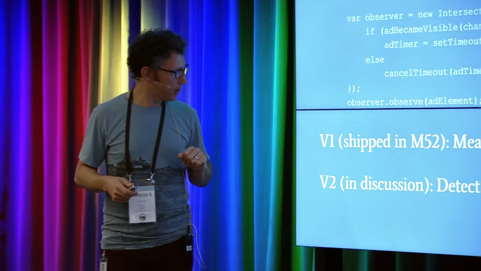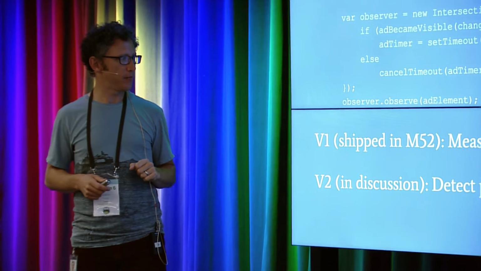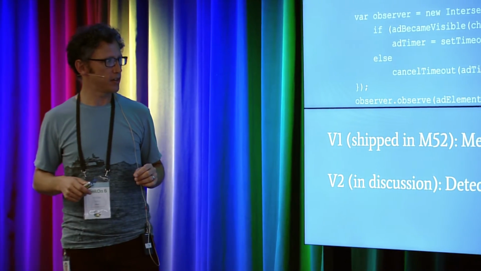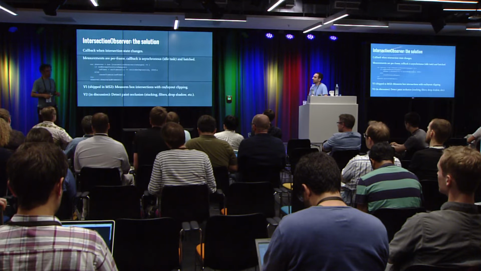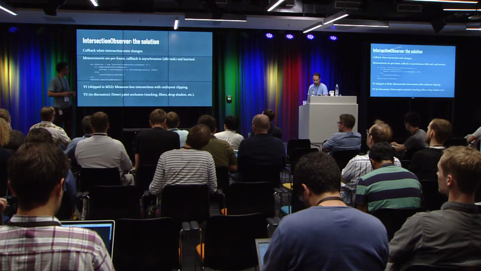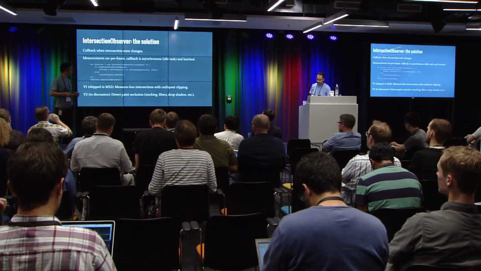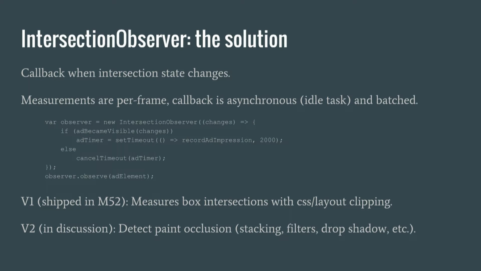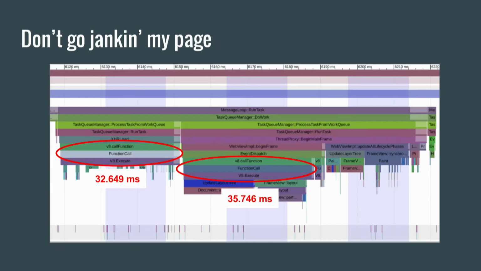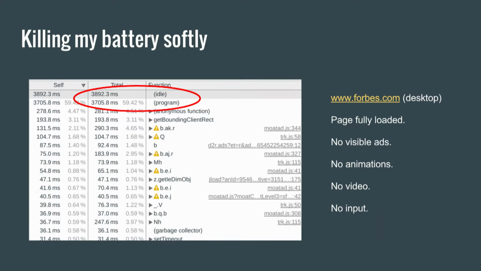So our first implementation of this shipped in M52, which means it's just hitting stable. There's been a lot of interest from third-party developers, so we're optimistic that this is going to make a big dent. And just to drive that point home, I want to go back to this page. Kenji, who's here, deserves credit for doing a lot of the original analysis.